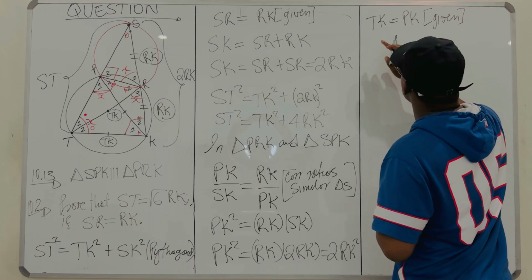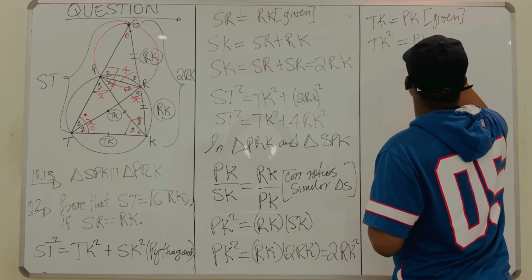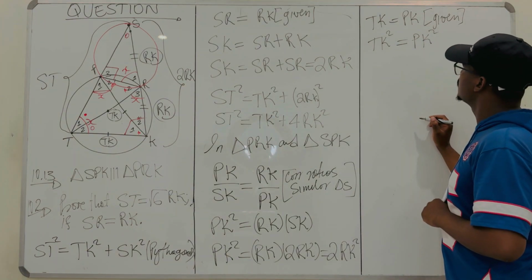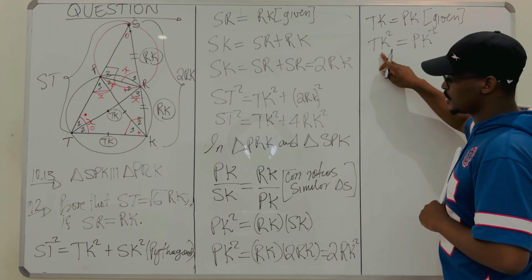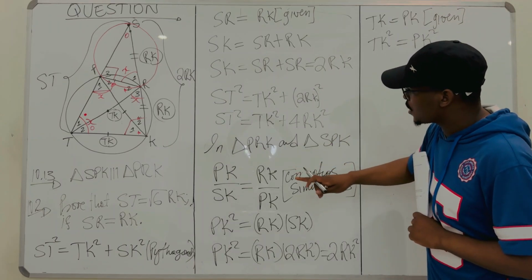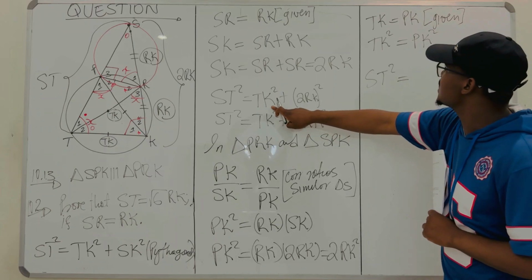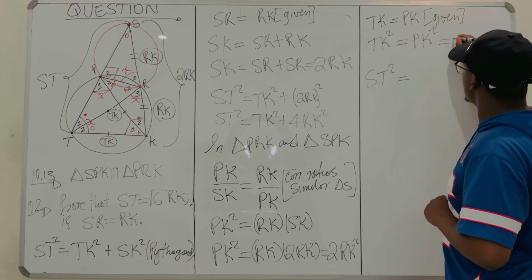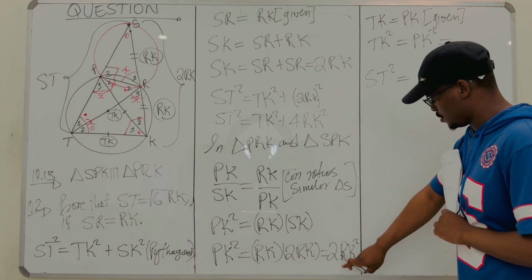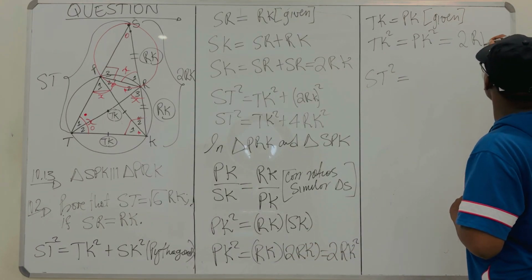So if you square both sides, TK squared is going to be equal to PK squared. Which means, coming back to ST squared, ST squared is equal to TK squared, which is equal to PK squared, which is 2RK squared.